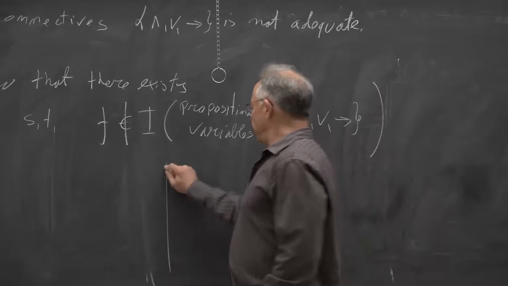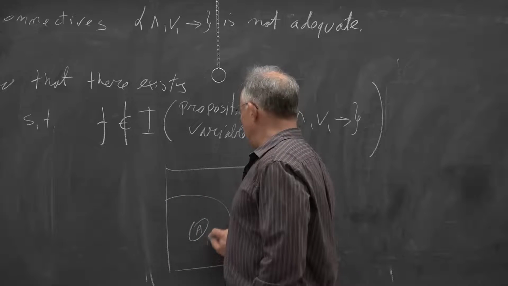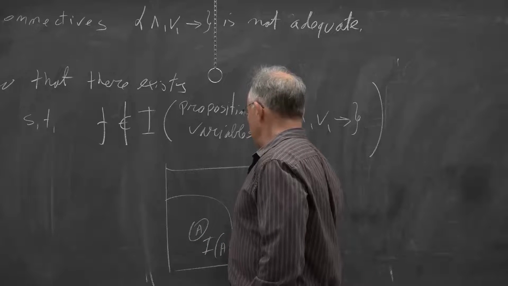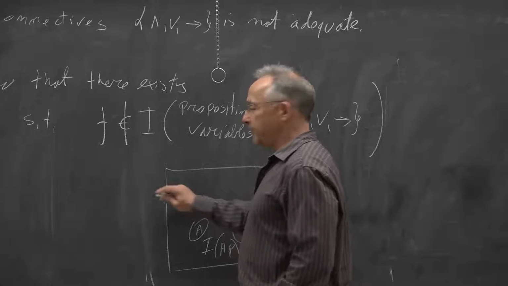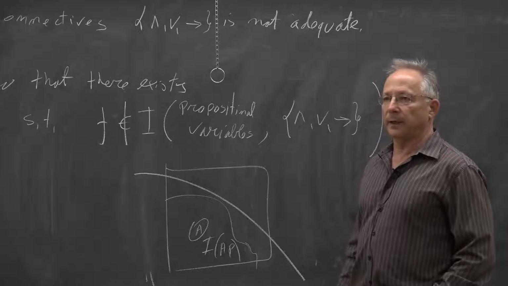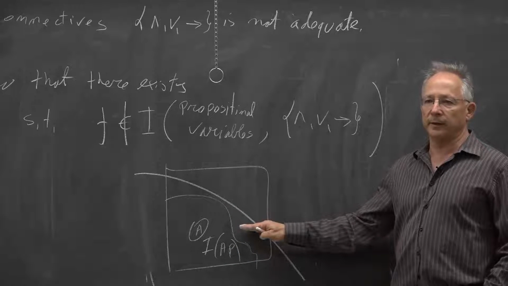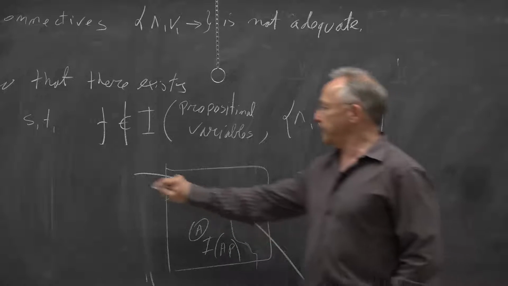I find a property. So here I have my A, and here I have my IAP. How do I show that something is not in IAP? I want to find some property that I will be able to show by induction that everything that I generate satisfies.